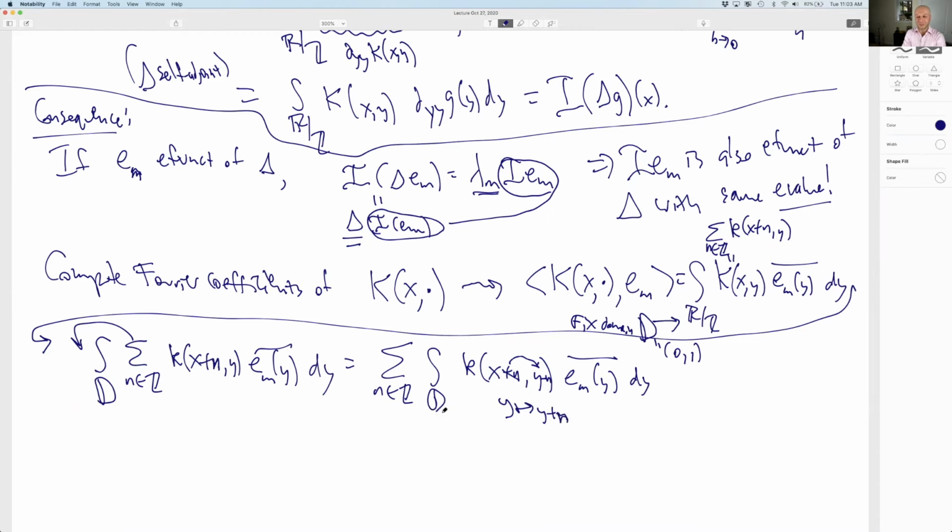Let's do this one step at a time. A sum on n in Z of k of x, y. So we've shifted this. E m of y plus n bar dy remains the same. What happens to the range? Instead of integrating over 0, 1, we've done this before, right? We're integrating over n to n plus 1.